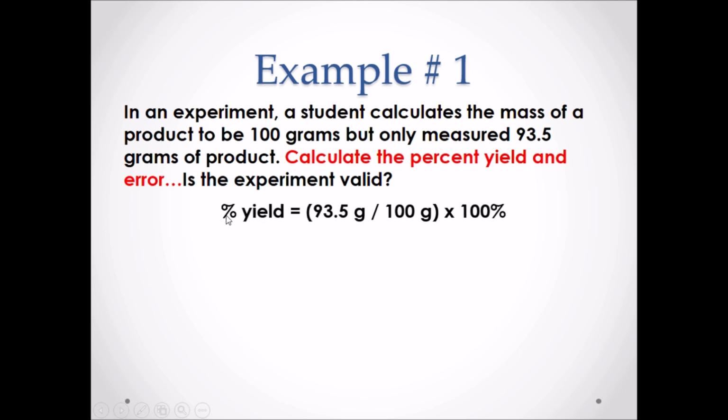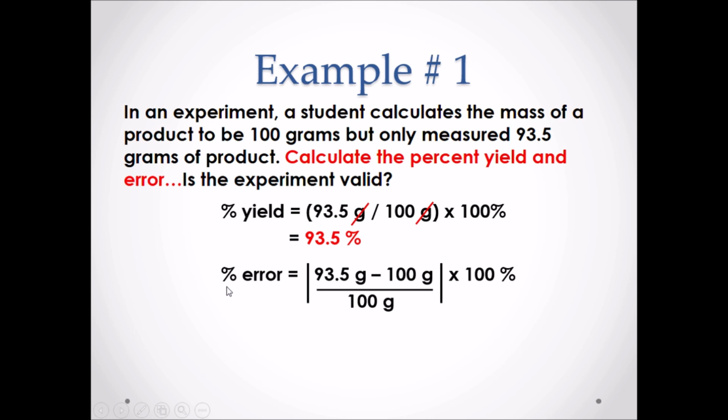Therefore, to calculate the percent yield, we take the actual yield, 93.5 grams, and divide it by the theoretical yield, 100 grams. And finally, times that value by 100%. The percent yield of this experiment is 93.5%.